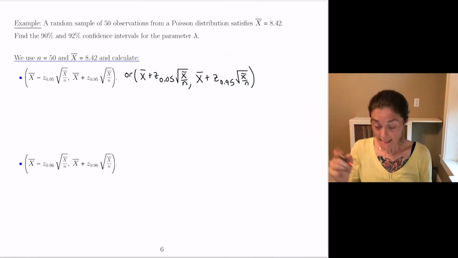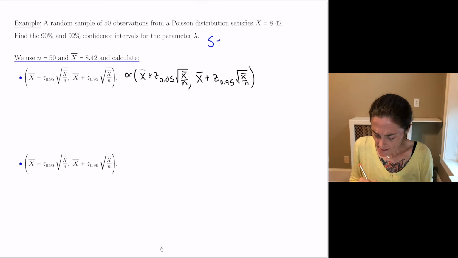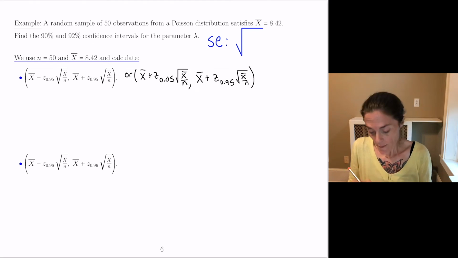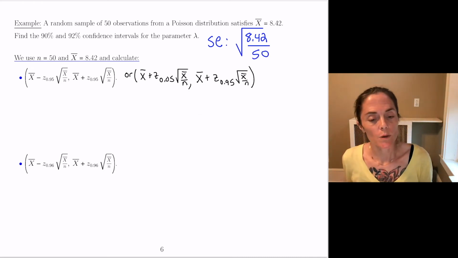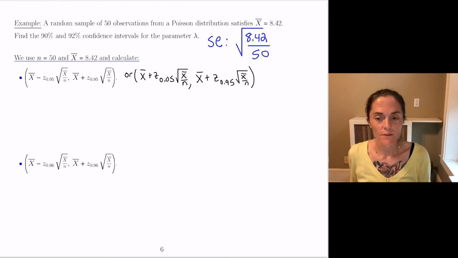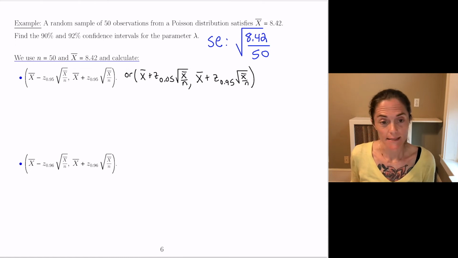Well, for this example, this estimated standard error would be the square root of 8.42 divided by n, which is 50. So we will use that really in both confidence intervals. Now, let us go back to R to calculate these.